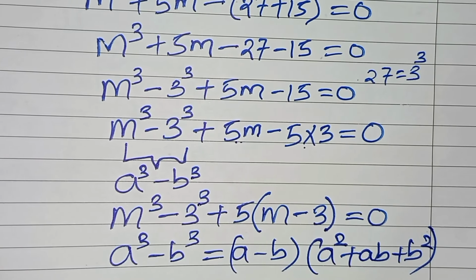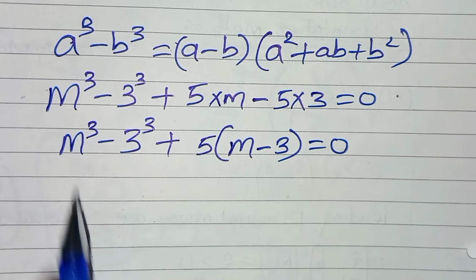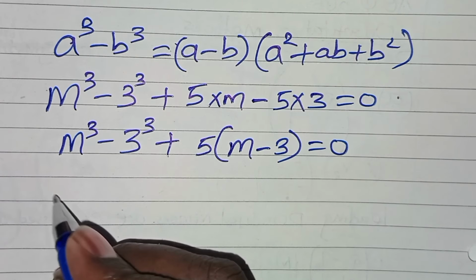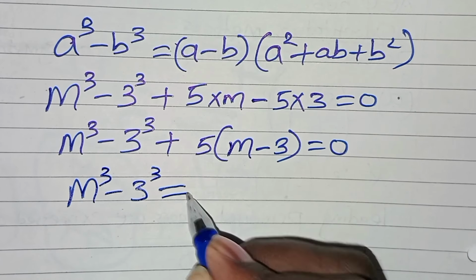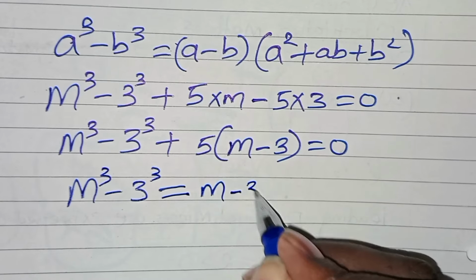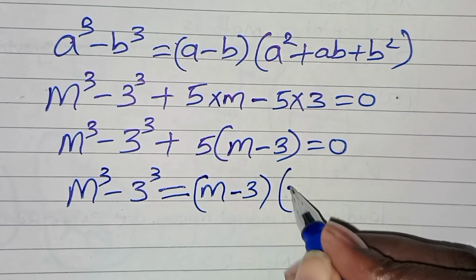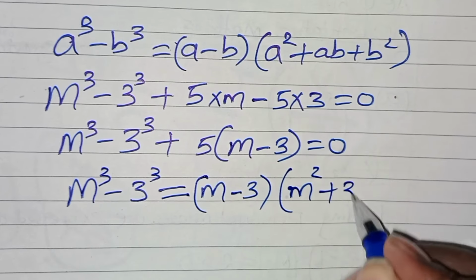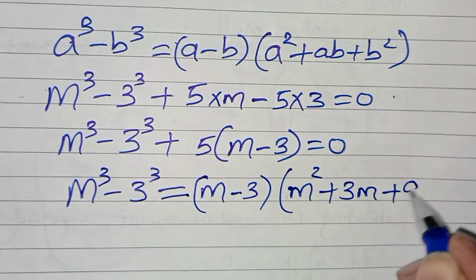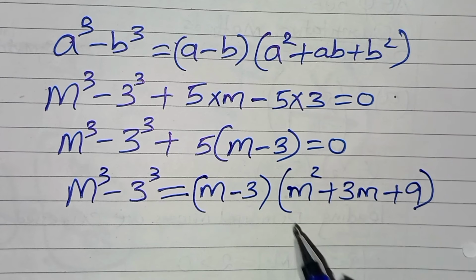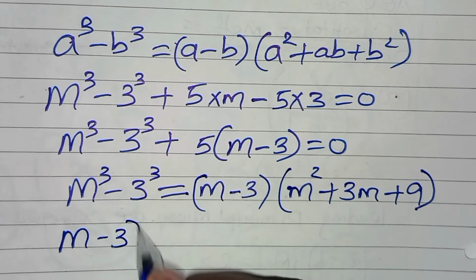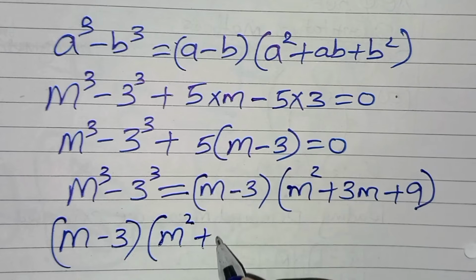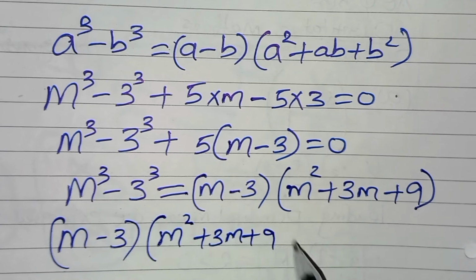So let's proceed from here. Now applying this identity, m cubed minus 3 cubed becomes m subtract 3, times m squared plus 3m plus 3 squared, which is equal to 9. So now we'll have m subtract 3, close the bracket, then m squared plus 3m plus 9.